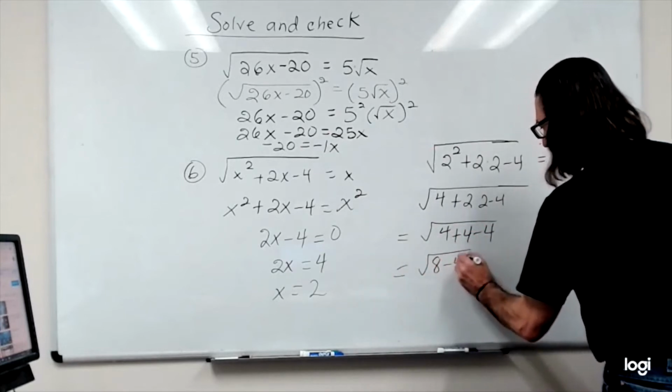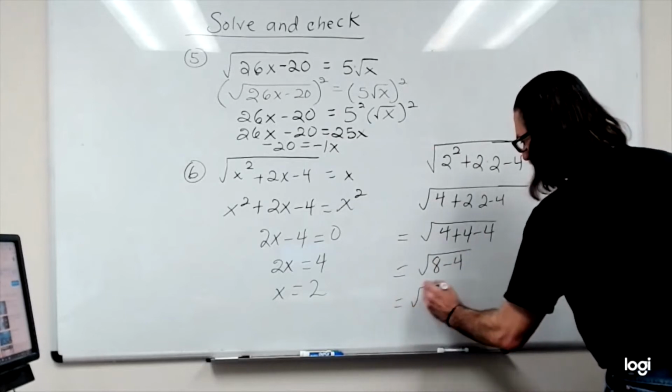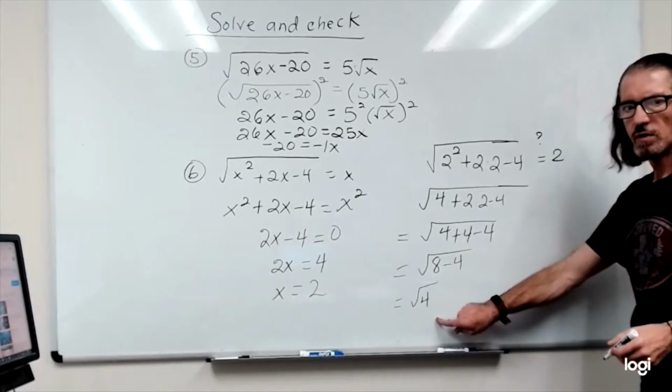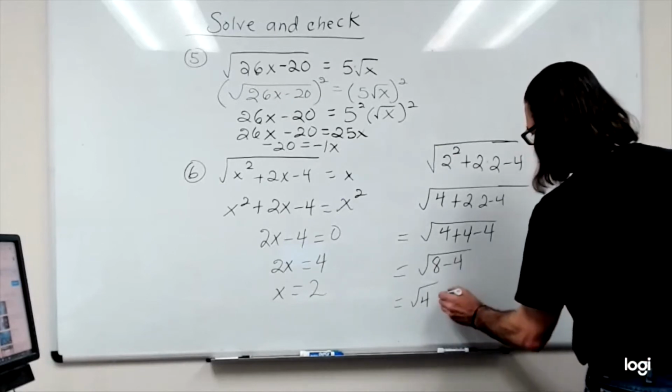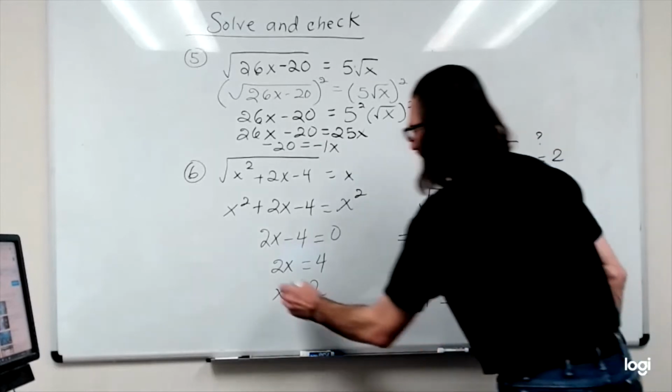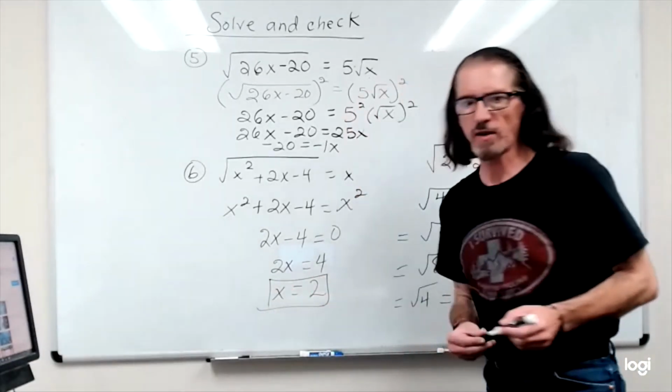Square root of 8 minus 4, square root of 4. That's asking for the principal, a positive square root, which will give us 2, and that's what we wanted. So x equals 2 does check.